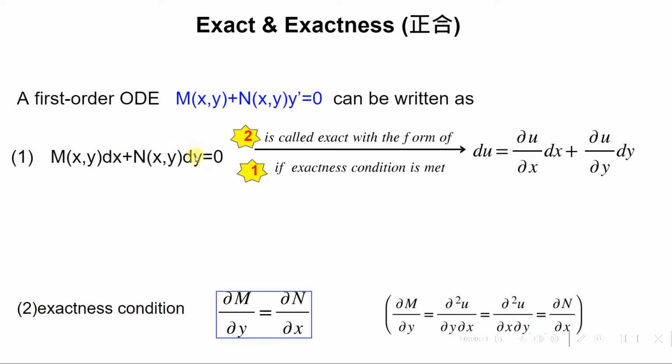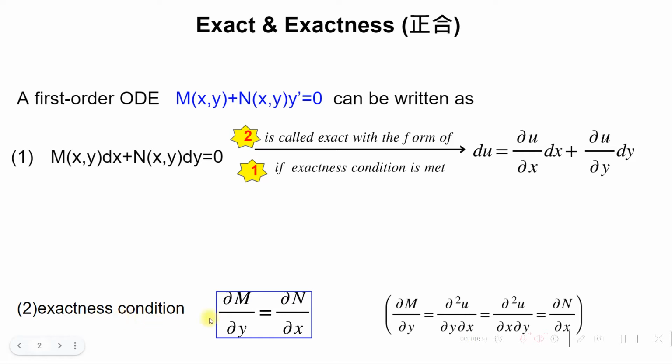And if this ODE is called exact, it means that it has the form of this expression, which is the total differentiation of the function u. But before we call this ODE exact, a condition has to be met in advance, and that is the exactness condition. Let's jump to the conclusion and take a look.